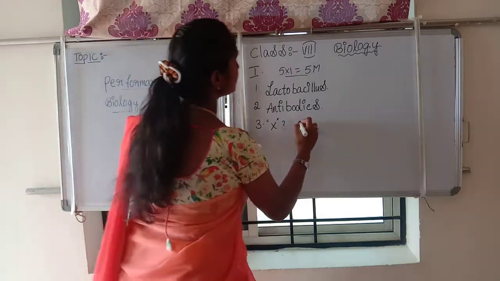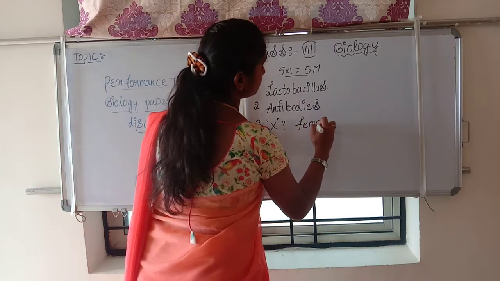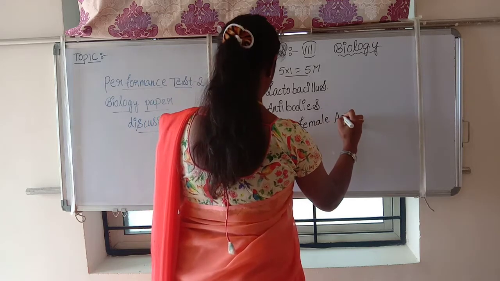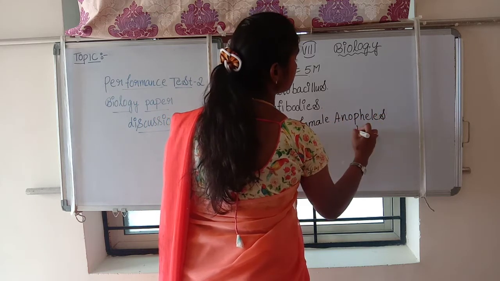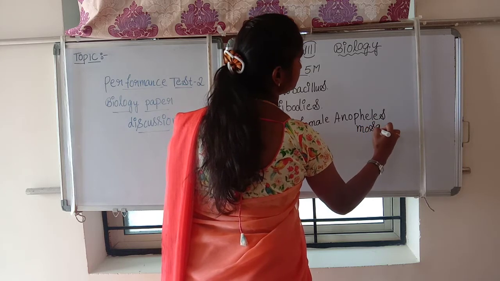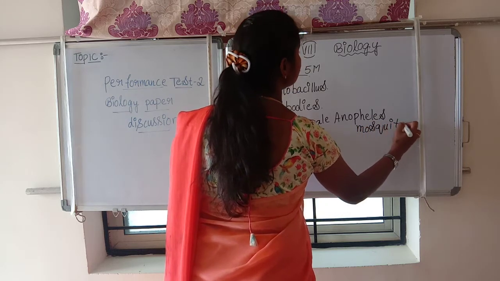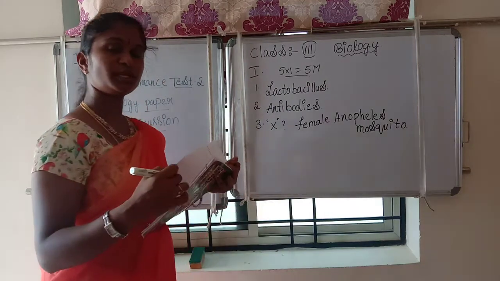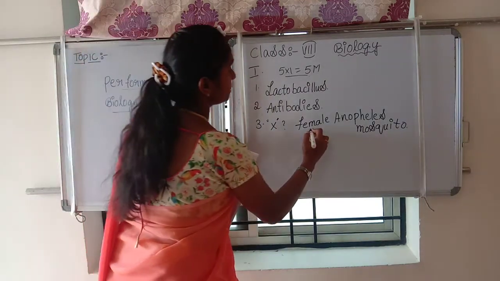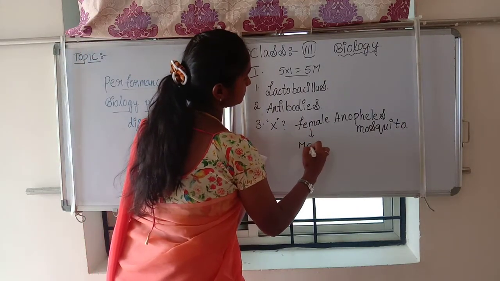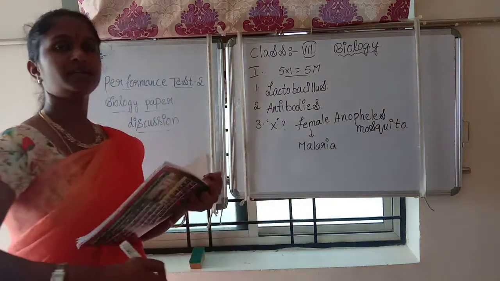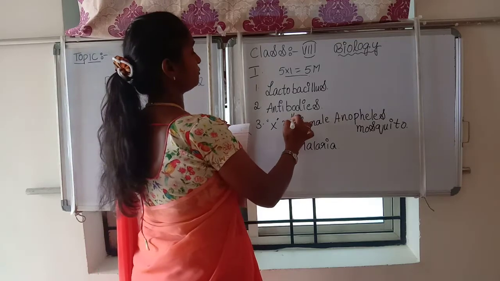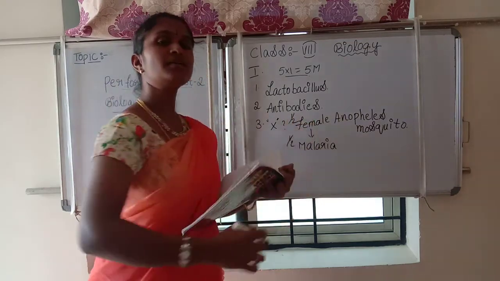Here X is the female Anopheles mosquito, and this female Anopheles mosquito causes which disease? Malaria. If you write these two answers, you may get the marks, half a mark for each, making 1 mark.